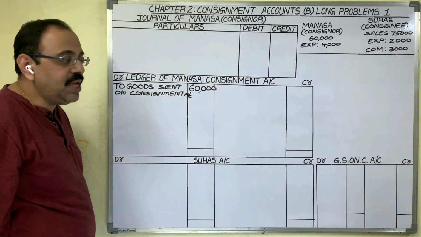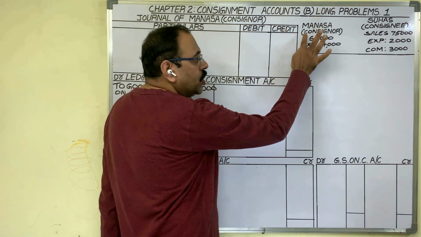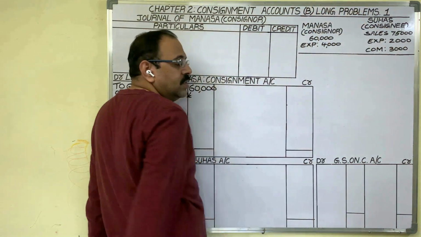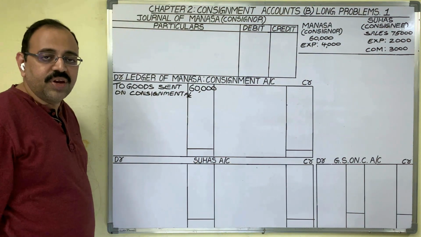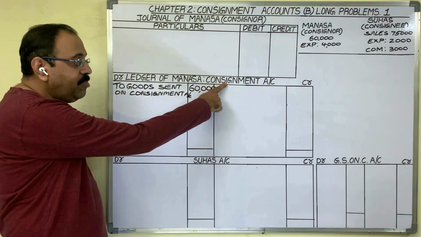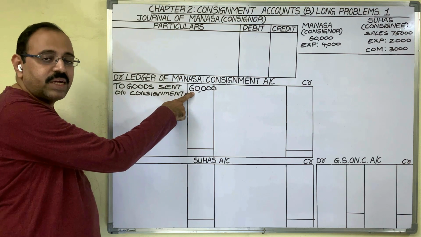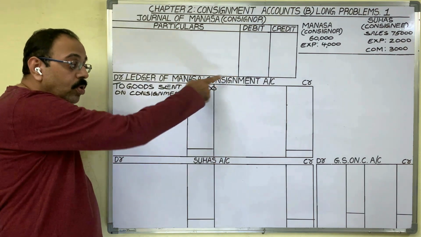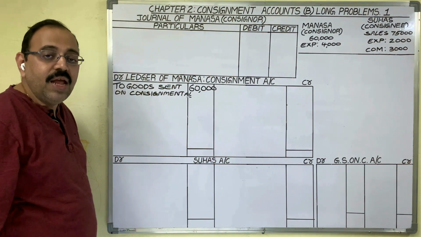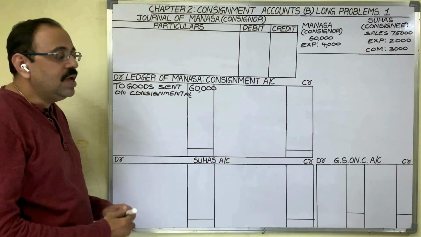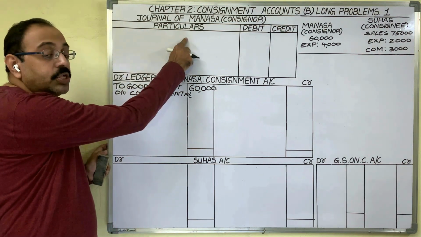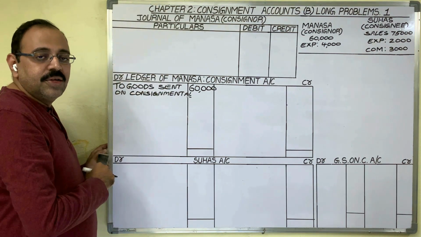First transaction is we sent goods to consignee. For that, what is the journal entry? In consignment account, we posted this transaction on debit side. If you want to post like this, while writing the journal entry, consignment account is to be debited.